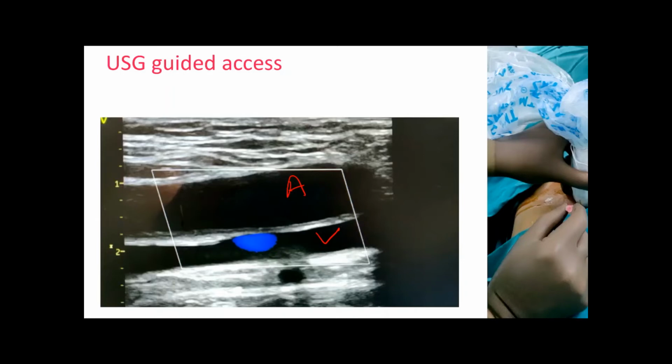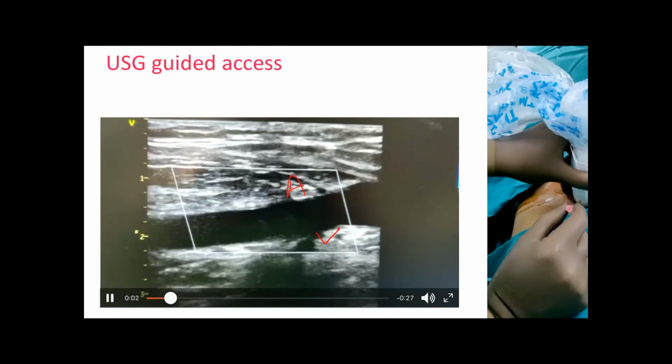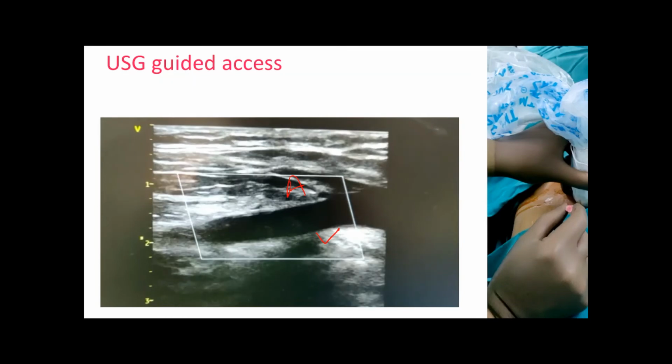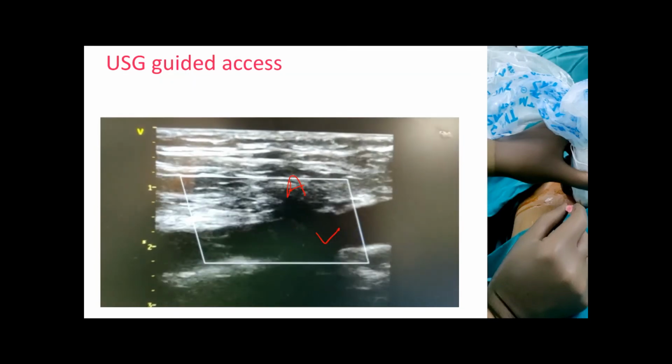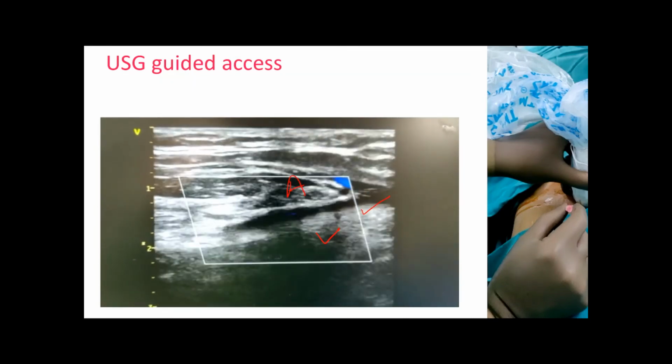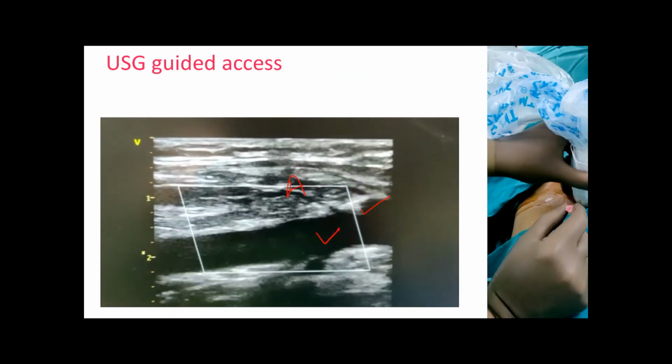The thing is that the vein is compressible. It will have a continuous flow, whereas the artery will be non-compressible and it will have a pulsatile flow. So if I run it here, you see the video here, you can see the pulsatile flow. Now this is compressible. Okay, so this is a vein here. You can see how compressed it looks.